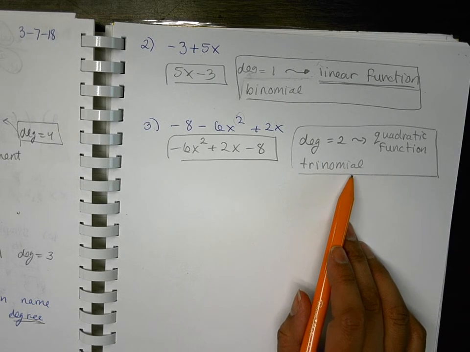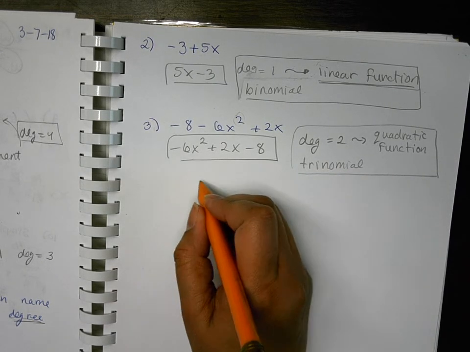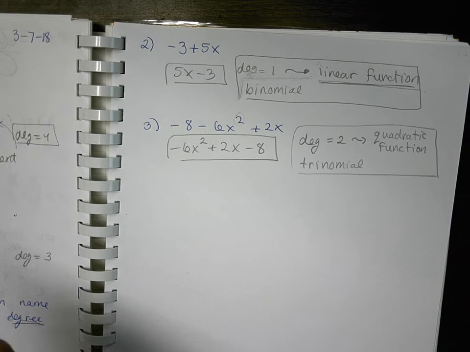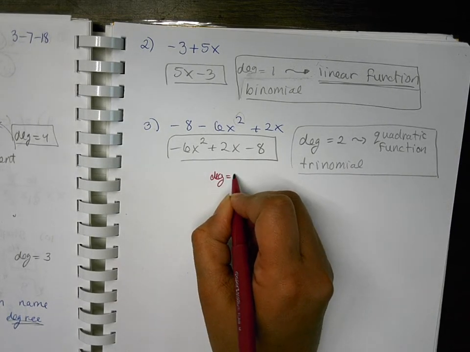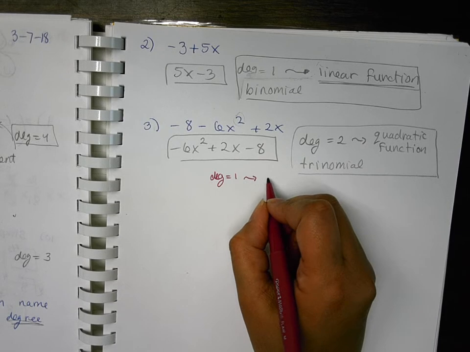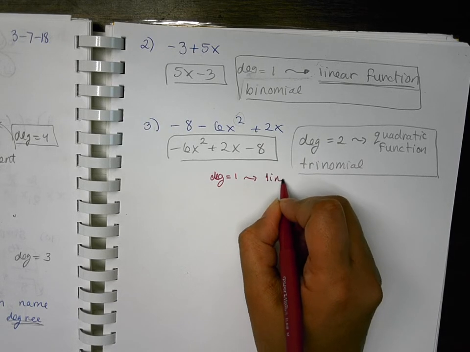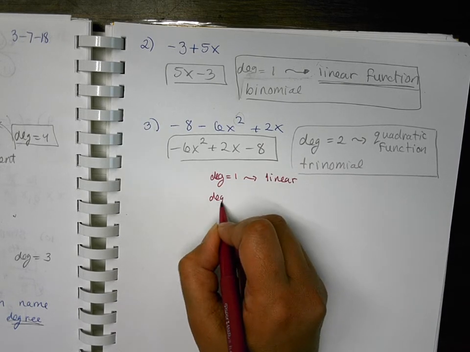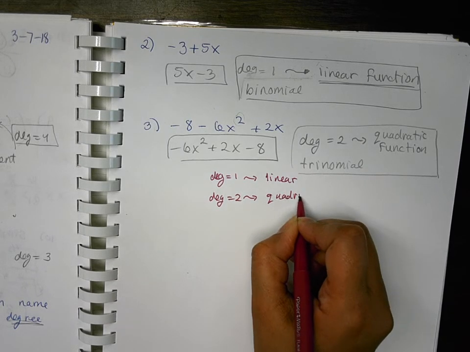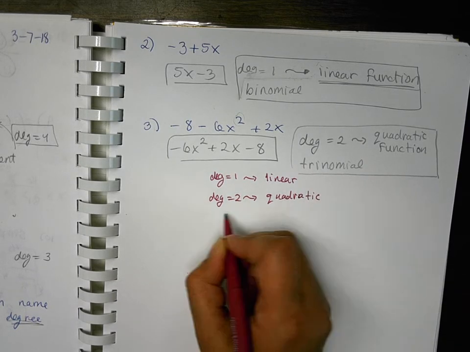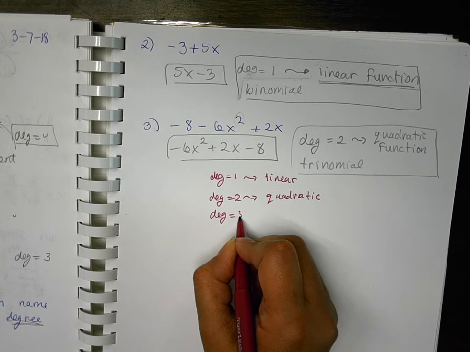I'm going to quickly write what it was. When the degree is 1, we call it a linear function. When the degree is 2, quadratic function. And when the degree is 3, cubic function.